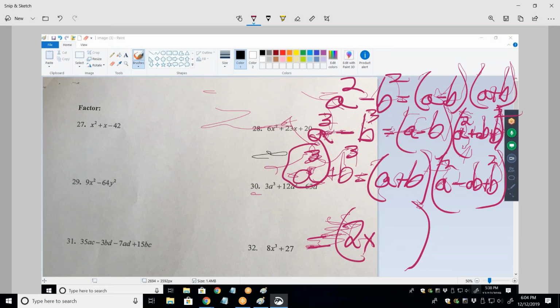Okay. What's b? B is the cube root of 27. In other words, b cubed is 27, correct? So what's the cube root of 27? Just pick a small number. Is it 2?